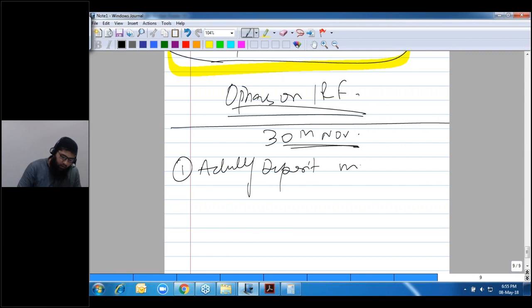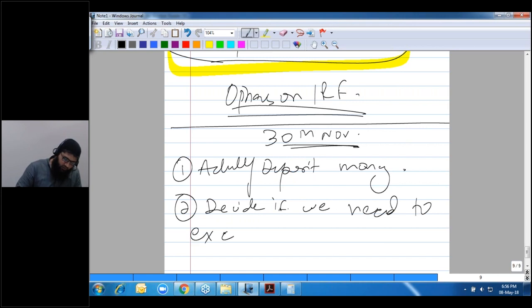we would actually deposit money, and we would decide if we need to exercise the interest rate option.